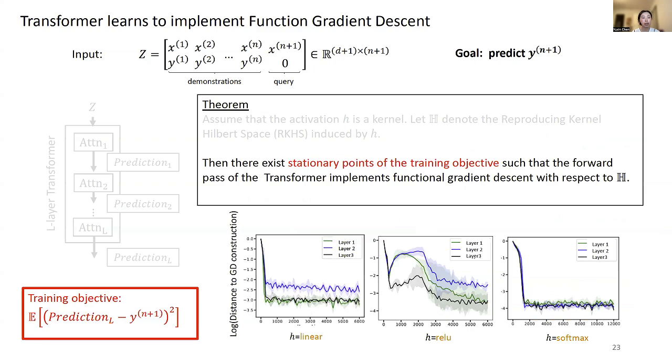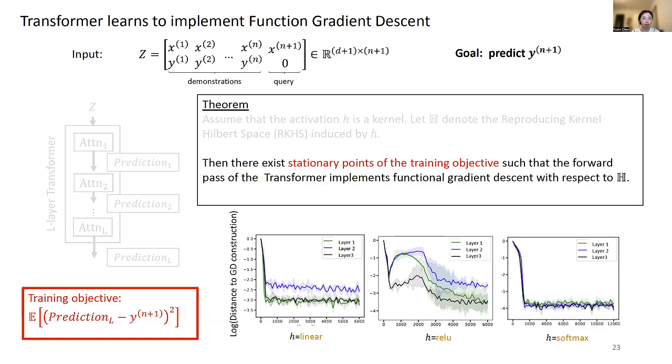Before moving on, let me briefly mention that in our experiments, the proposed stationary points seem to be consistently learned in practice. On this slide, I show 3 plots. The x-axis denotes training iteration numbers, and the y-axis is roughly speaking the log of the difference between the attention weights of that layer and our proposed weights which implement functional gradient descent.